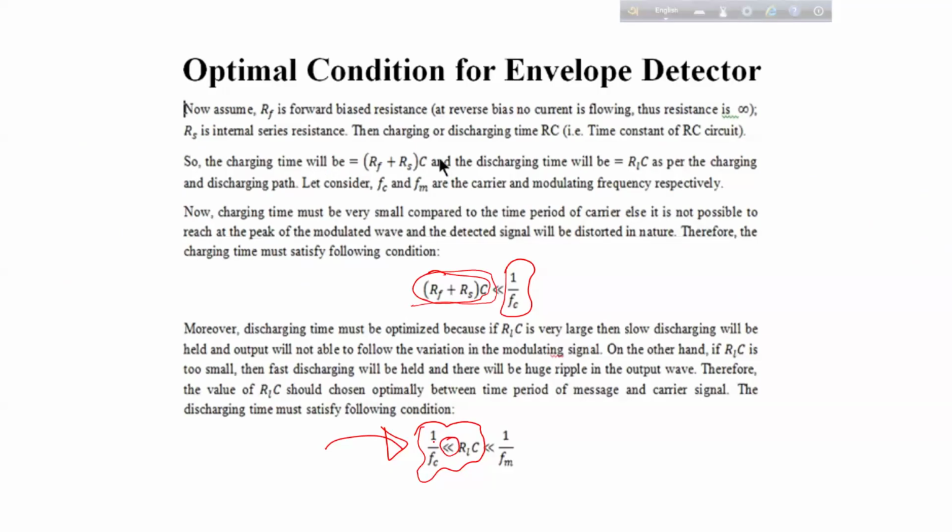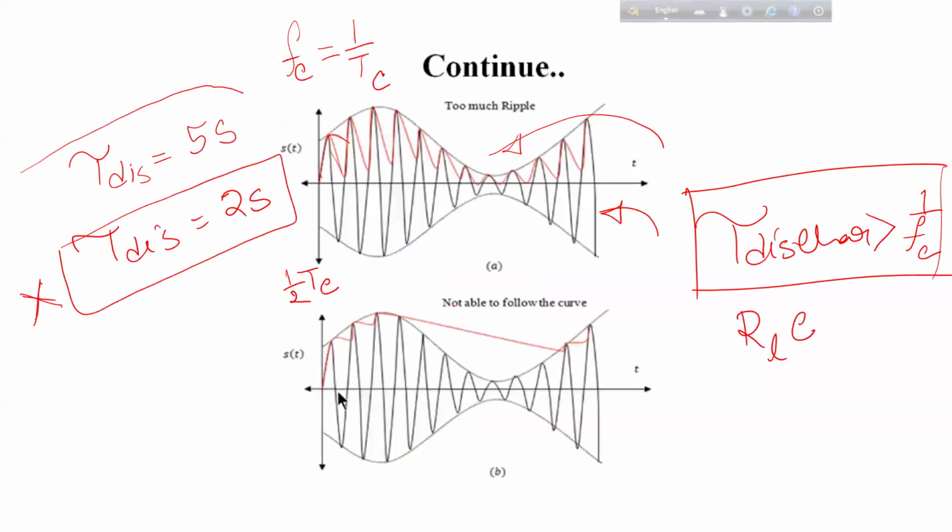Now, what is written about the charging time? Let's see what is written about the charging time. So see, when you are talking about the charging, it should follow the amplitude of the modulated wave.